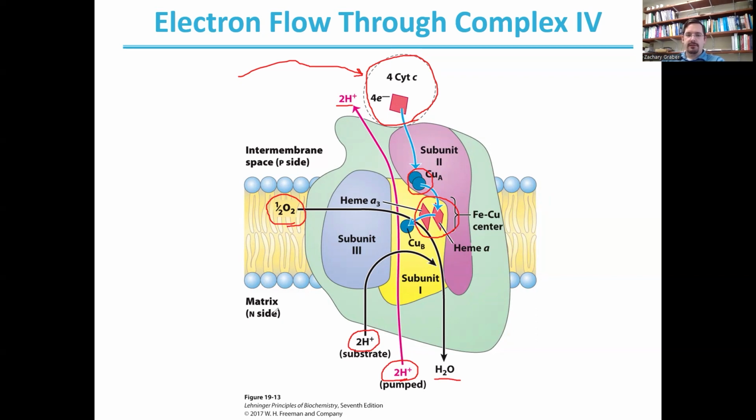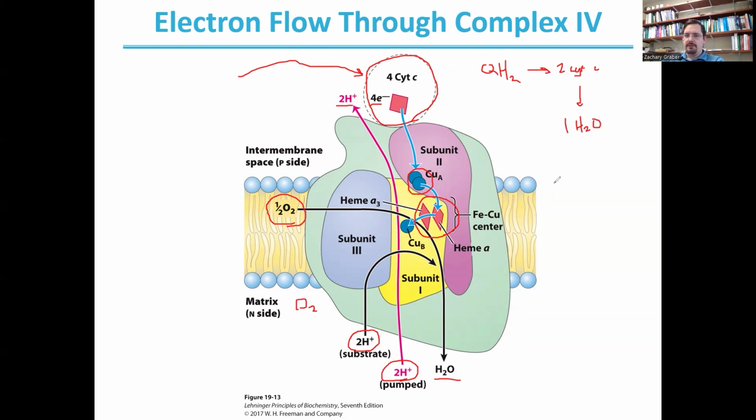In order to oxidize a full oxygen molecule, so 1 O2, that would require 4 electrons or 4 units of cytochrome C. So it's 2 electrons per water molecule or 4 electrons per oxygen molecule, since, of course, half of a diatomic oxygen molecule is all we need to make our water. So in terms of our overall ratio here, then, it is 1 ubiquinol for 2 cytochrome C for 1 water molecule.